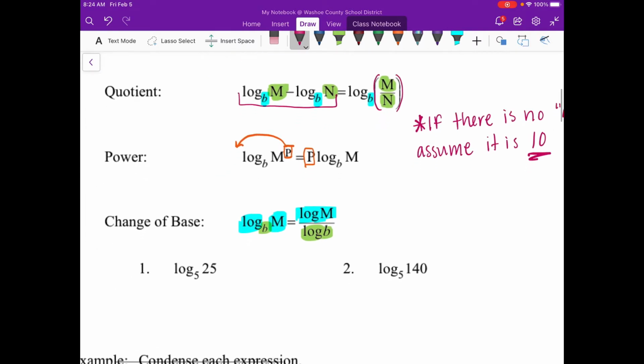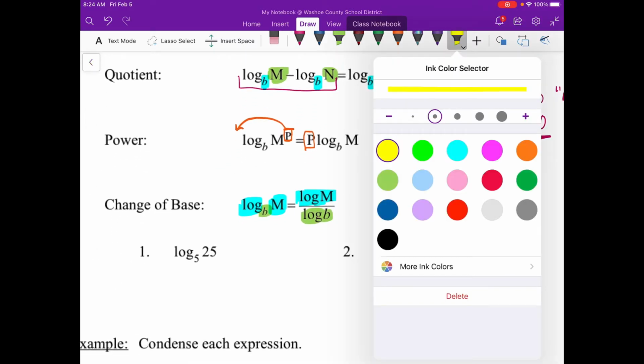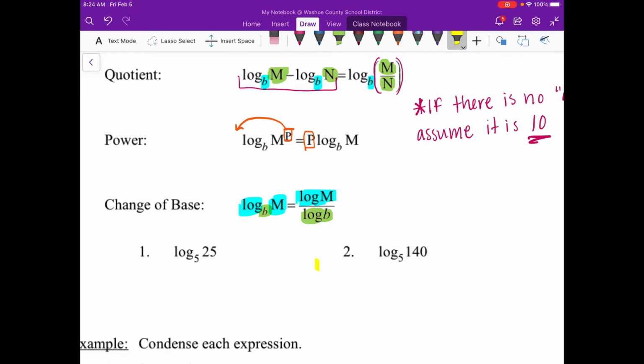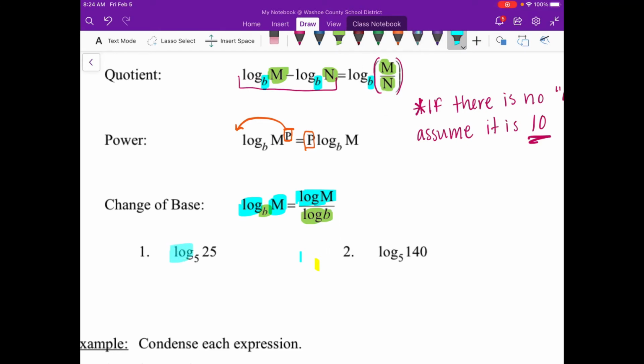Okay, so we're going to do a little bit of practice here doing a change of base. And change of base is just going to be following that formula. So I'm taking this log base 5 of 25. Now, the 25 would be like my m value above. So we're using log of 25, and that's going in my numerator.